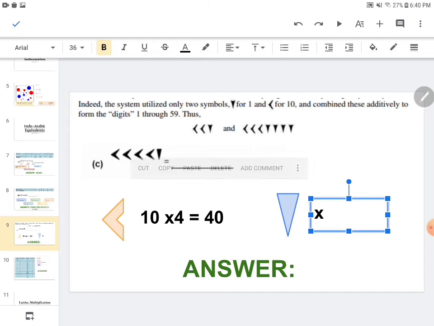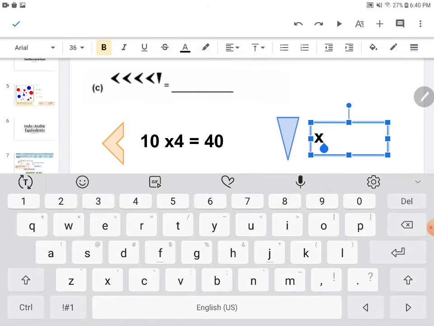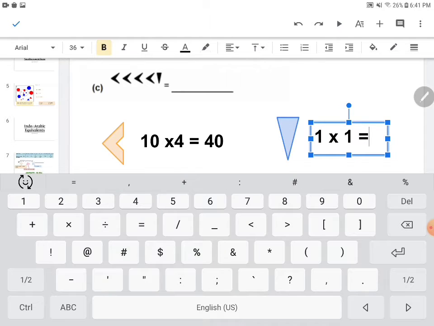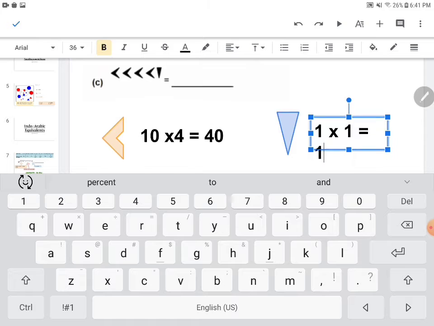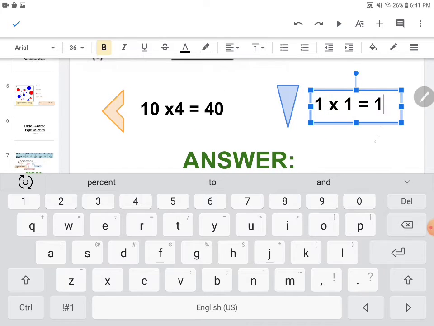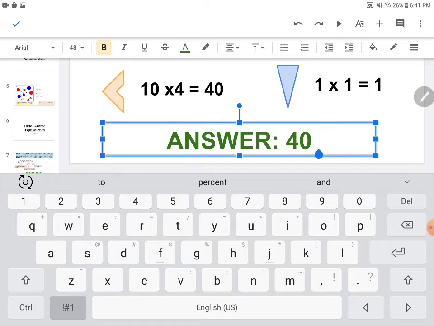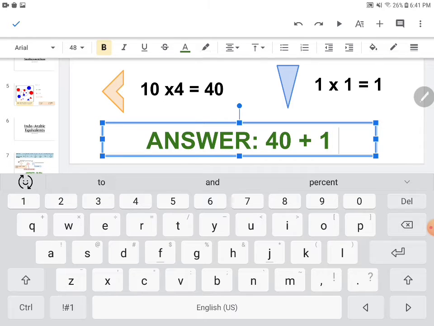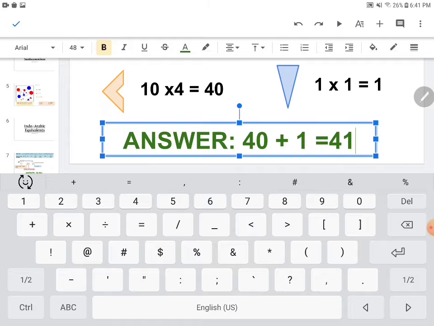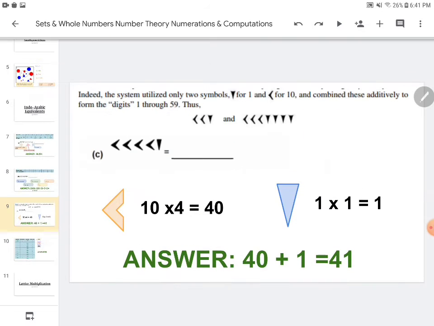We only have 1 of those in our problem. Therefore, 1 times 1, since we only have it 1 time, is going to be 1. And when we add all of this together, 40 plus 1, we'll find that our solution is going to be 41.